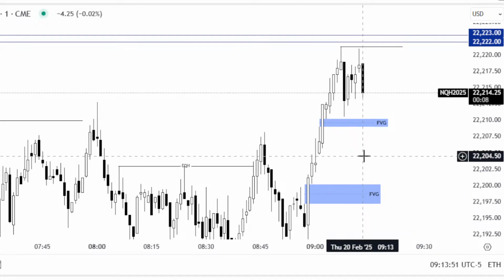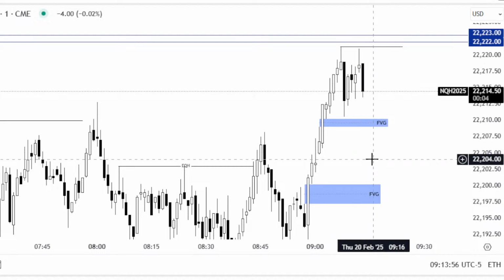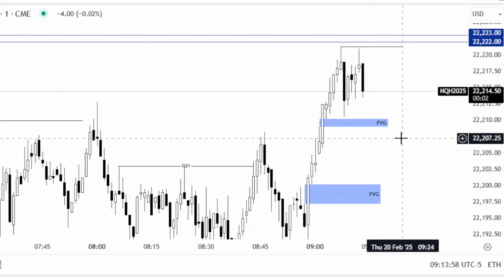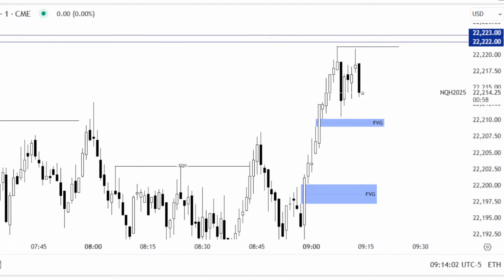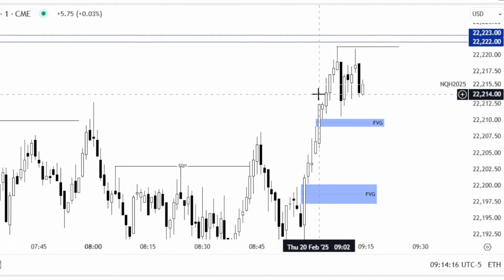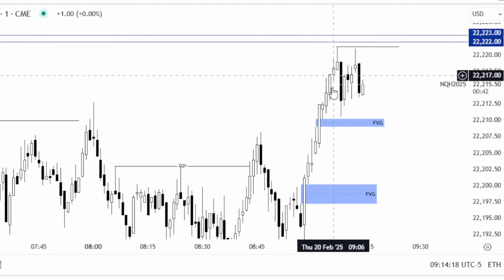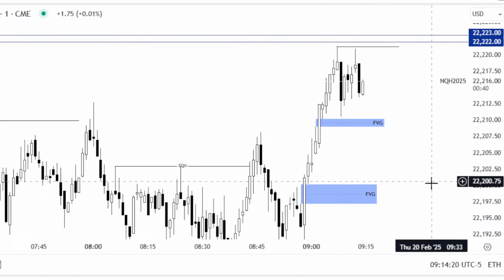Alright, so we're less than 20 minutes away from the 9:30 start, and then we might see a more aggressive move. And maybe all of this could just be manipulation before we see the drop.